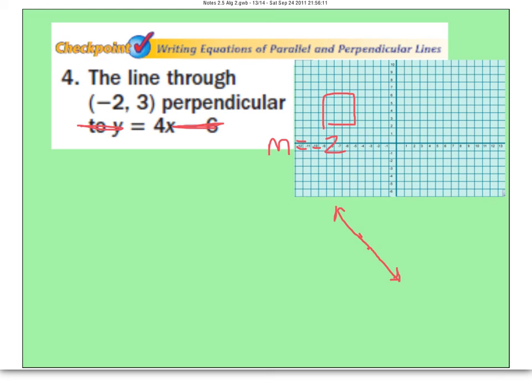This is going to become a +1/2. I subtract 1/2 from both sides, and I get b is 2.5. I'm going to put that back into here. So the answer here is y equals -1/4 x plus 2.5.